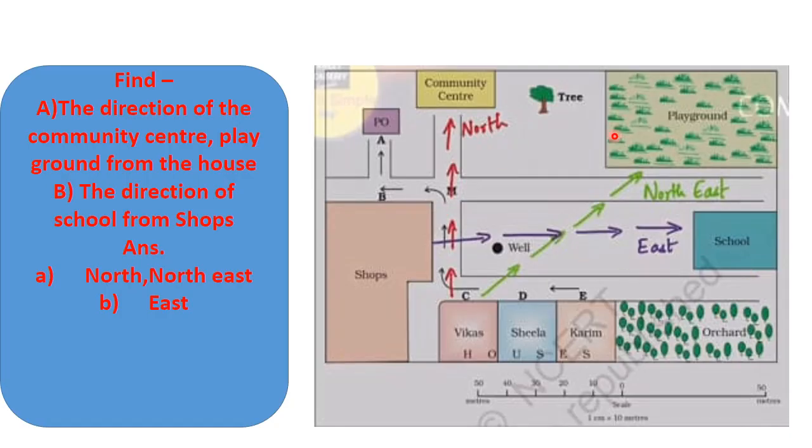Suppose, and this is the one from your book, suppose this is Vikas's house and I want to find out the direction of the community center, playground and the school from his house. So this clearly shows the community center is in the north direction, the playground is in the northeast direction, and the direction of the school from the shops, these are the shops, is east.